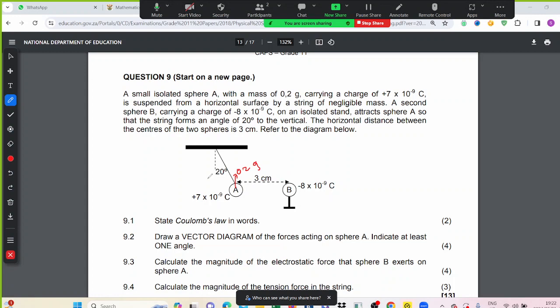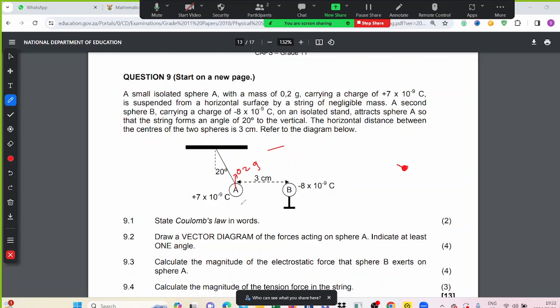They also gave you the mass of the sphere. So the first thing, we will draw the dot, and the first one will have the tension.